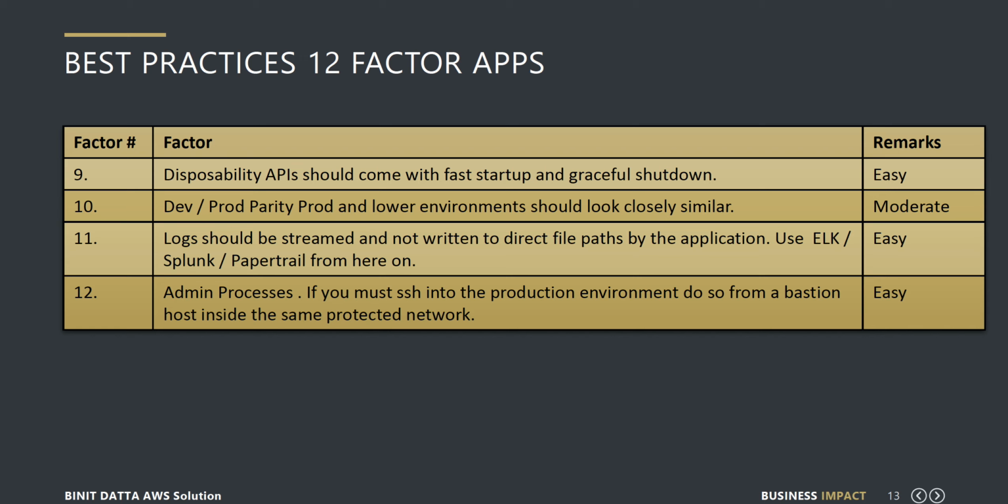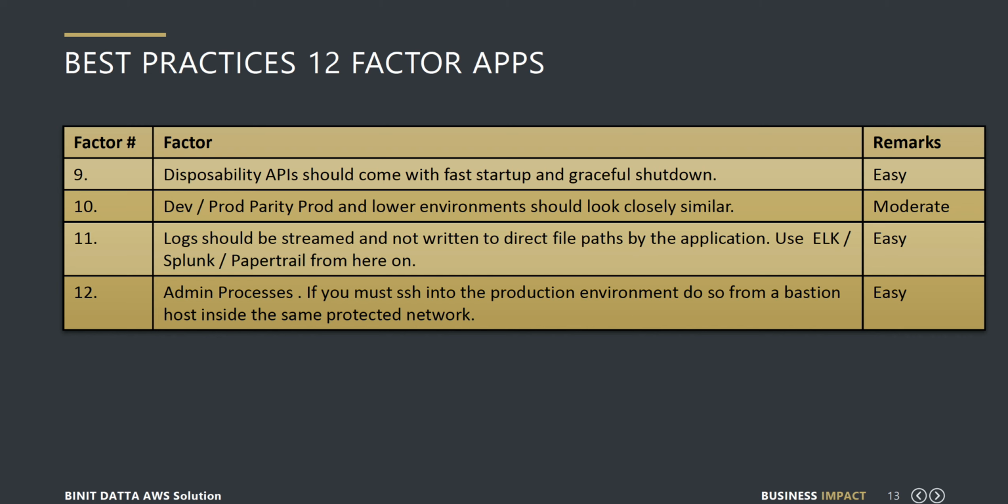Because we are deploying to the cloud, and cloud VMs are moderate commodity hardware, so they can die anytime. So that is where we need to plan for high disposability. When our cloud provider's VM goes away for some reason, maybe electricity or some natural disaster, our application should not be impacted too much, right?